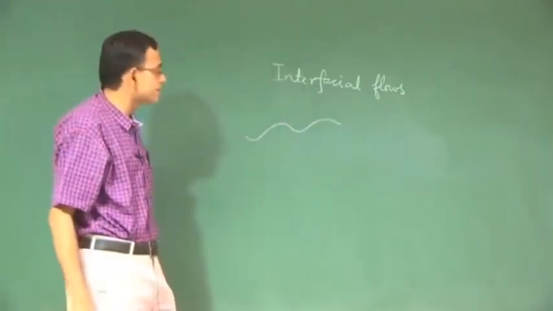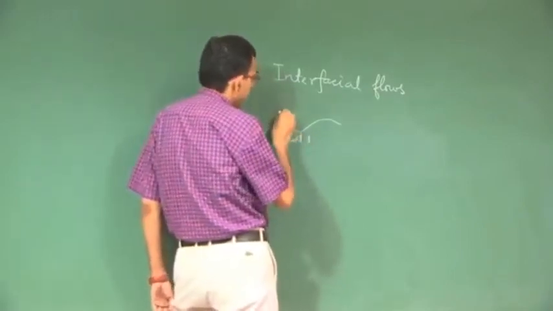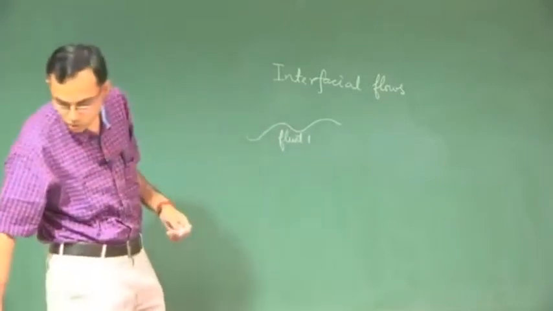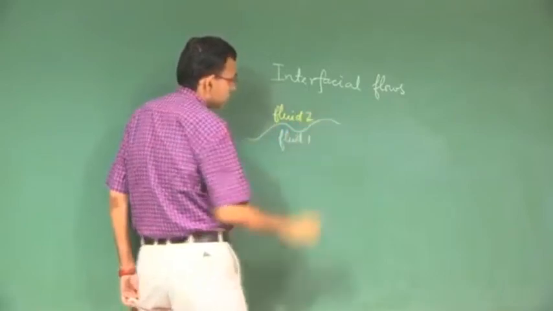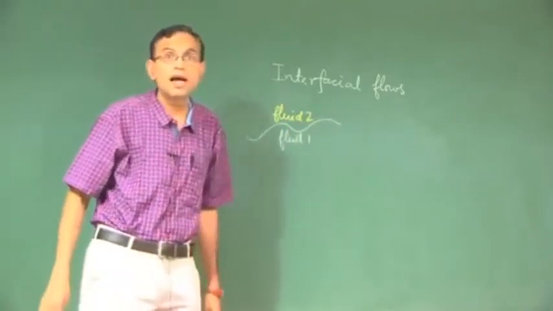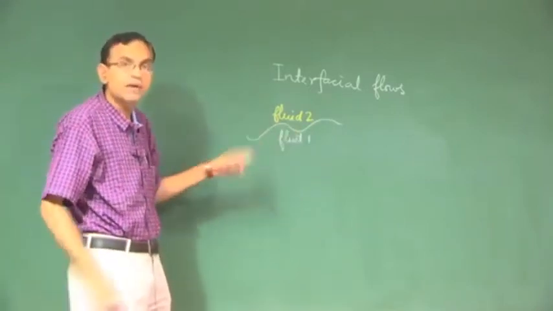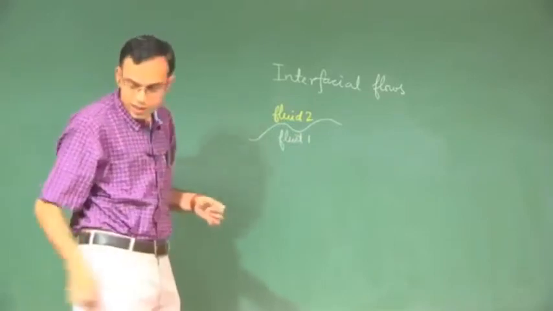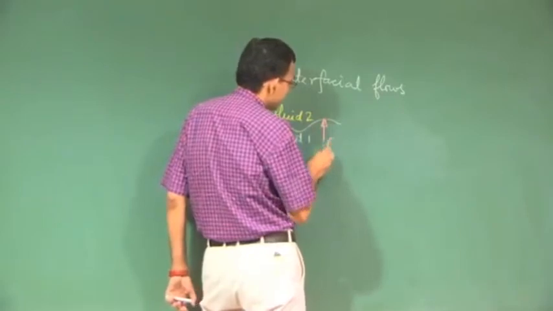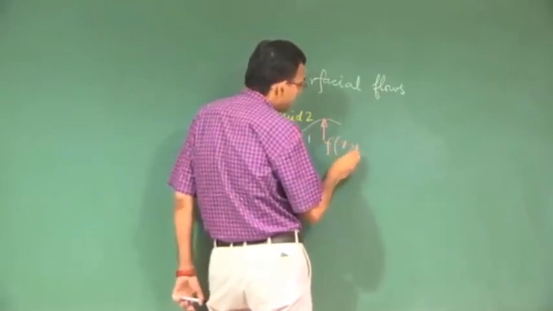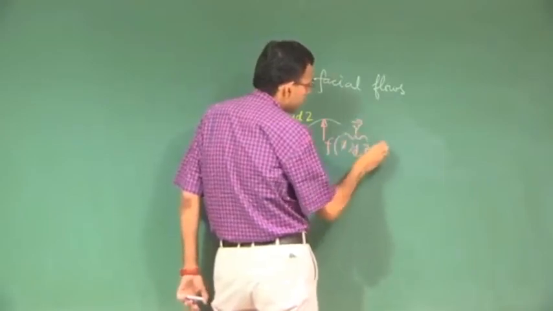You have two fluids, here you have fluid 1, here you have fluid 2, and then this fluid 1 and fluid 2 are separated by an interface which in a functional form can be written as a function of the position vector or the coordinates x, y, z and time t.